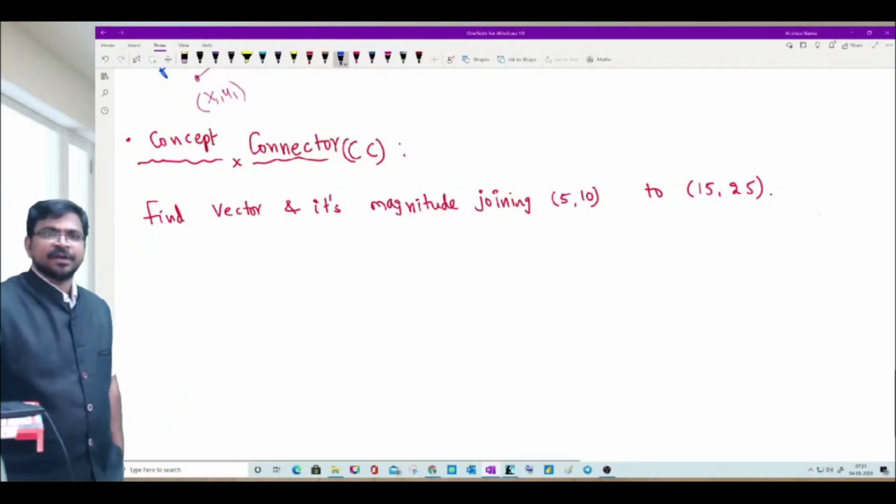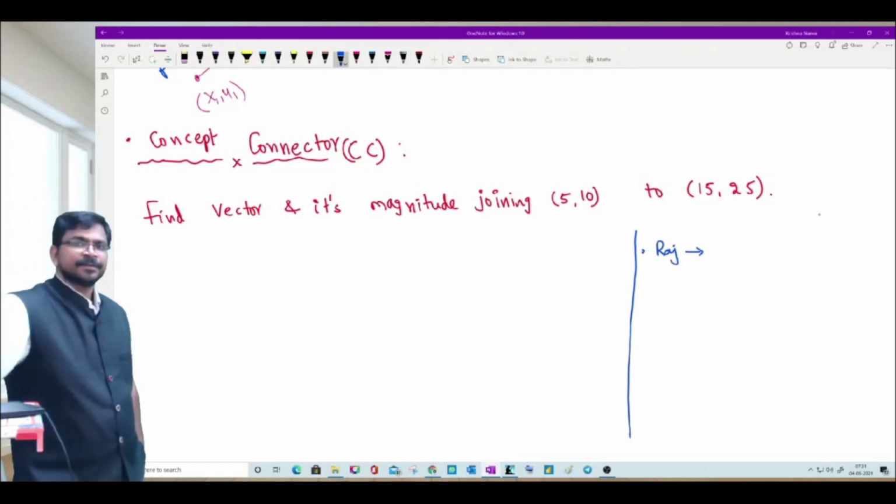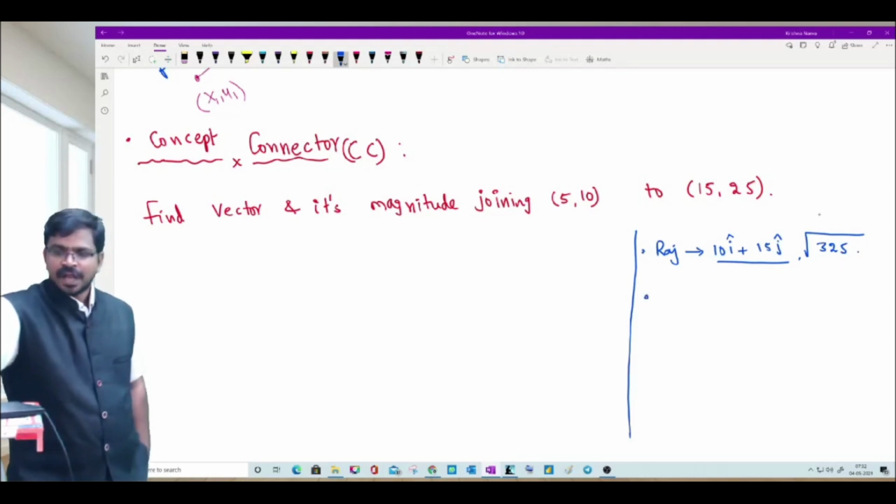Just wait, let me write it down. Rajanish's answer is the vector 10 I plus 15 J. What is the magnitude? The magnitude is under root 325. Let us check. Rajanish, I hope it is correct.